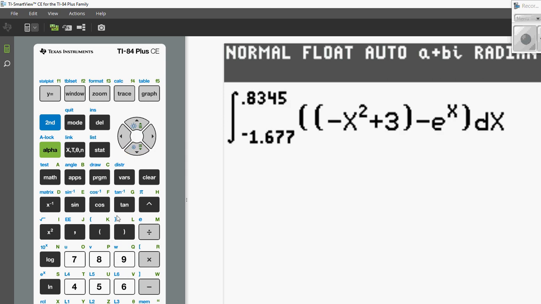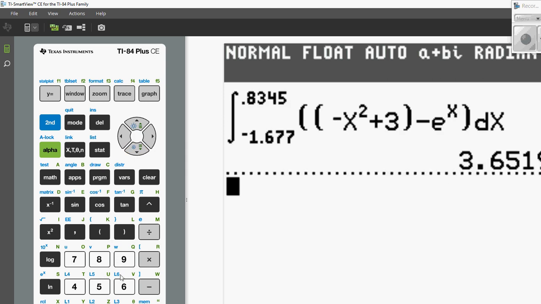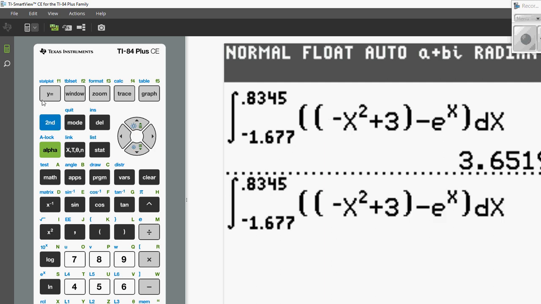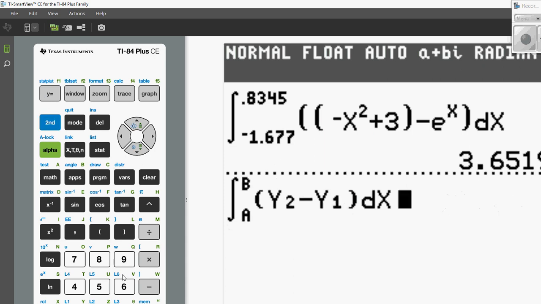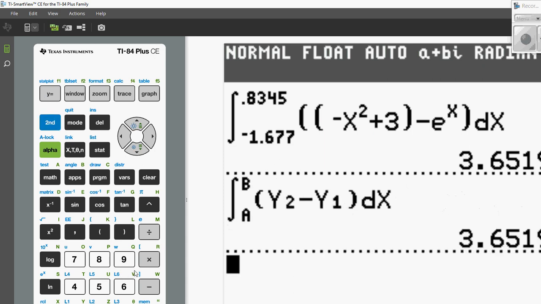What did I hit wrong? Oh, I needed a minus, not there. And you get that, which is almost the exact same answer. If you remember, it's just off a little bit because of some rounding, but pretty close. Close enough for us as we go to 3.652.